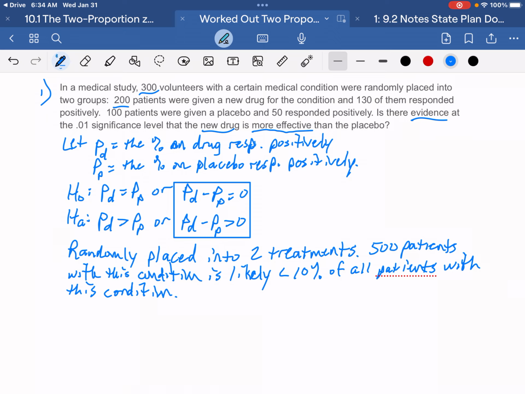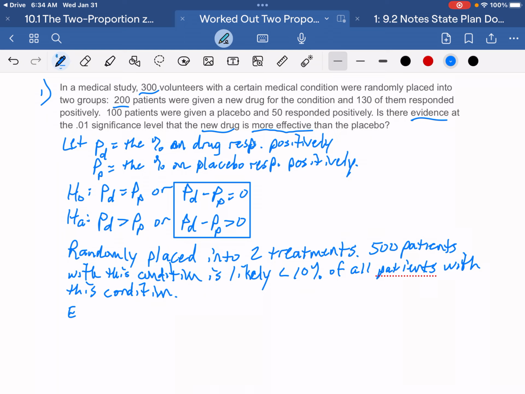Let's see, so how do I state how many people were expected to respond positively. Well, if the null hypothesis is that they're equal, then would I have expected 50% to respond positively in both treatments? So I can say something like this.